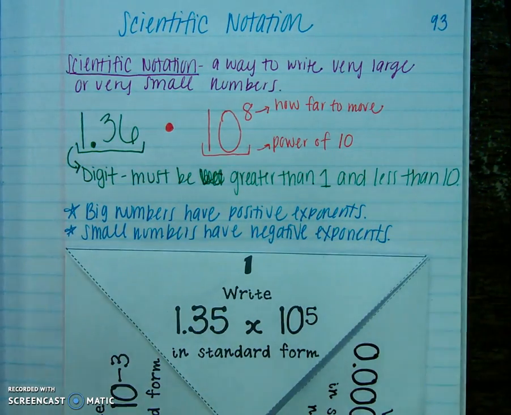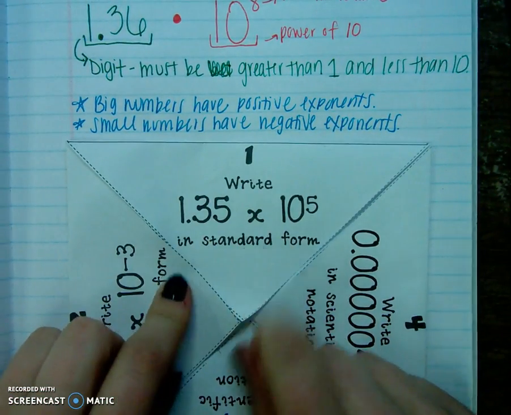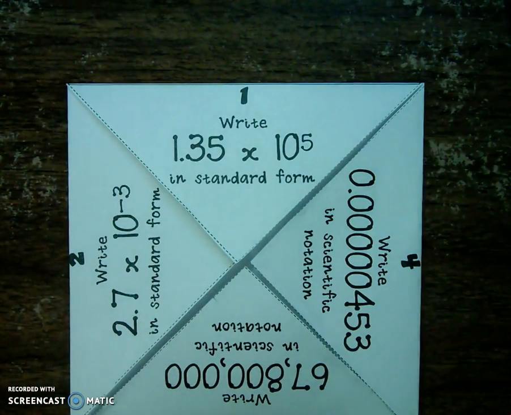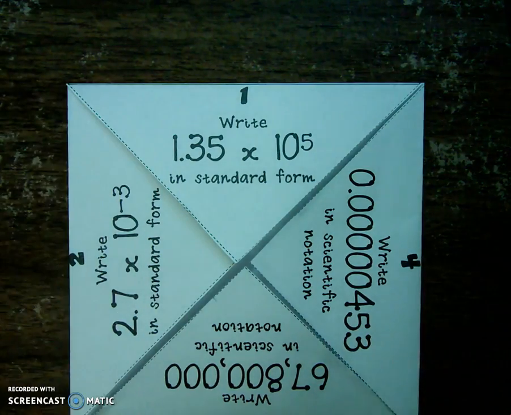Okay, so let's go ahead and start in the foldable. Make sure you're in the 1 flap. We're going to write 1 and 35 hundredths, times 10 to the 5th power in standard form.